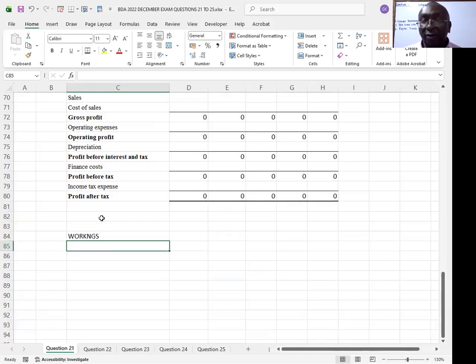Itabidi tukuje hapa tufanye some workings. So kuja hapa tuandike workings. I'm trying to see how we shall avoid duplications. Let me first of all board these as I think. So here I can put details.